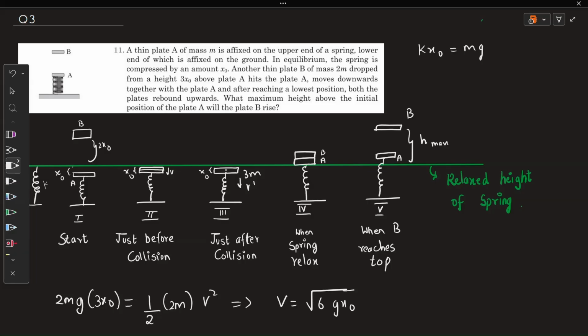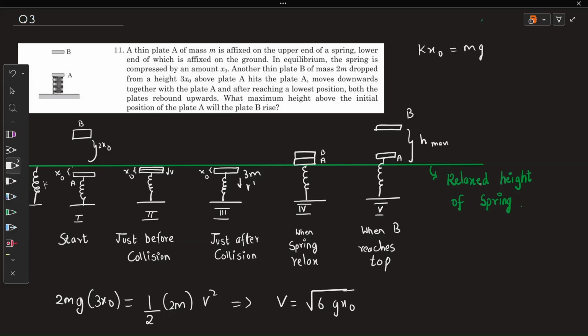After this, this whole system will move to the lowermost point, and at the lowermost point, the spring will be more compressed, right? So it will exert a more upward force than the weight, so it will push upwards. Till pushing upwards, the spring force will be along the direction of motion.